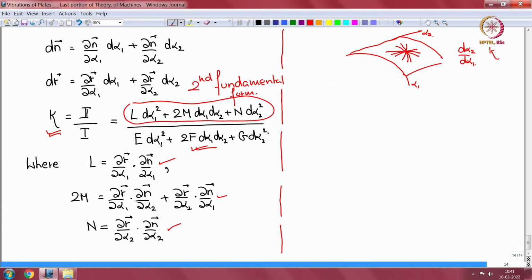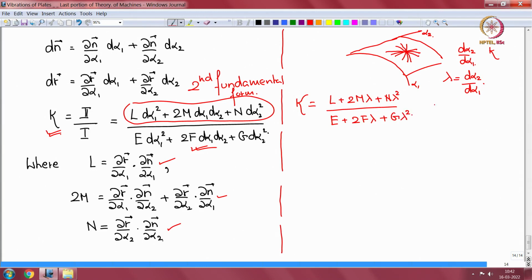What we now do is substitute lambda for d alpha 2 by d alpha 1, and then I get kappa written as L plus twice m lambda plus n lambda square by E plus twice f lambda plus g lambda square.